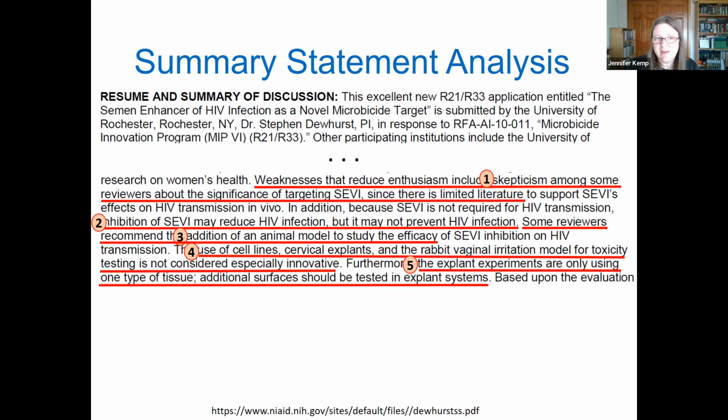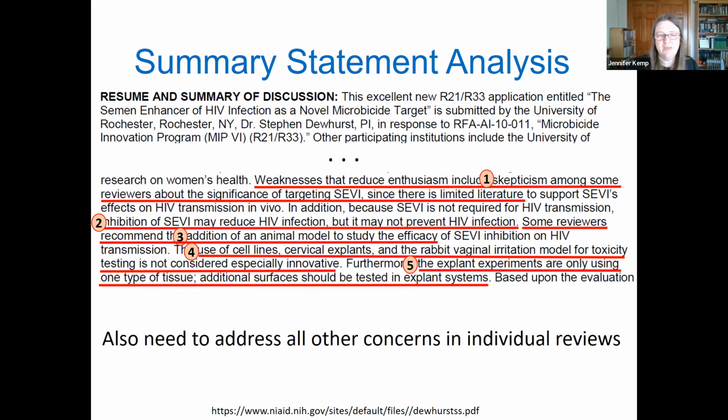Inhibition of SEVI may reduce HIV infection, etc. So this person really got a laundry list in their introduction. So my advice to them would also be start your one pager with these 5 points and address them. But of course, you also need to address all the other concerns that were in the individual reviews.